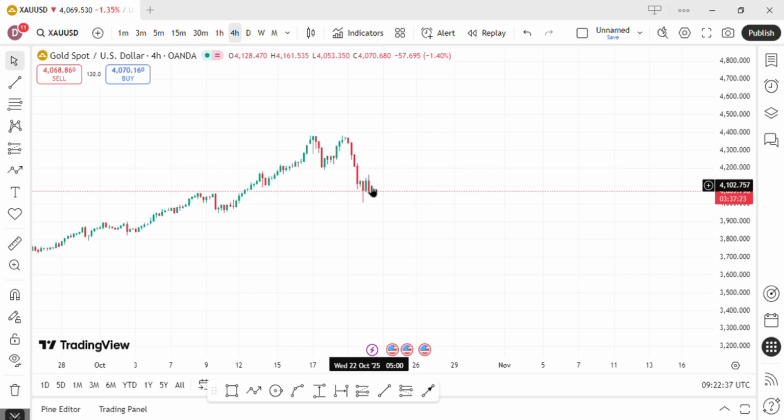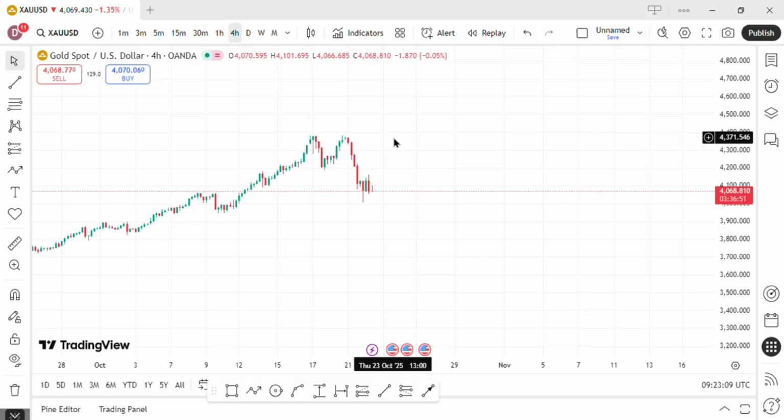There have been impulses. So this is just a correction phase, and there will be an impulse that will push it very far up. There's a break of structure here. In case you want to enter this market, from the statistics of gold's chart, it has been buying.